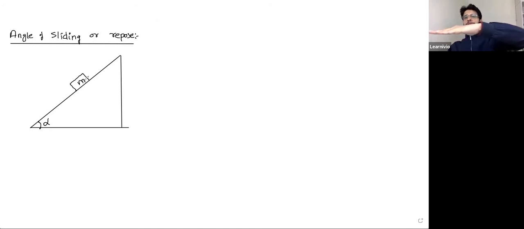So let's say this plane is flat. I placed a body here, so the body is not sliding. I'm just inclining this plane. Then at a minimum inclination, this body starts sliding.